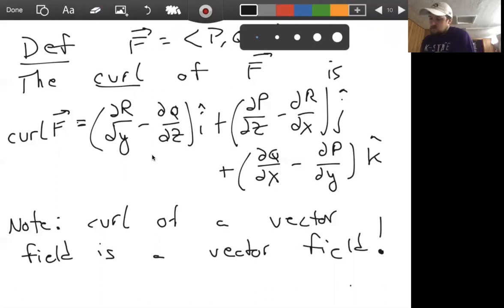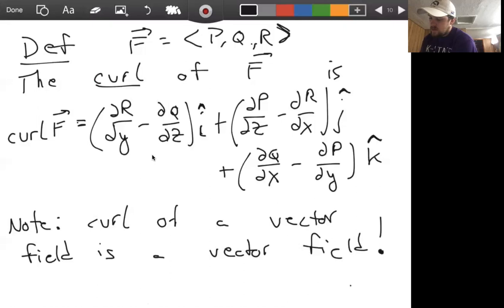We have all these partial derivatives, and we have these functions P, Q, and R. What this almost looks like is 2 by 2 determinants for each component, because it's something minus something i hat plus something minus something j hat plus something minus something k hat, which reminds me of the cross product a little bit. And if you feel the same way, you're not mistaken.